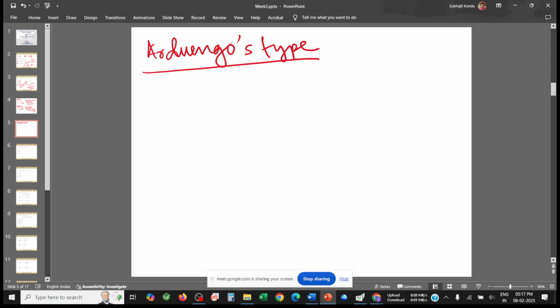In 1991, Arduengo synthesized a totally new type of carbene derived from imidazole. This is an imidazole. If you have adamantyl substituents on both nitrogens and you generate this carbene, this is called the Arduengo type carbene.